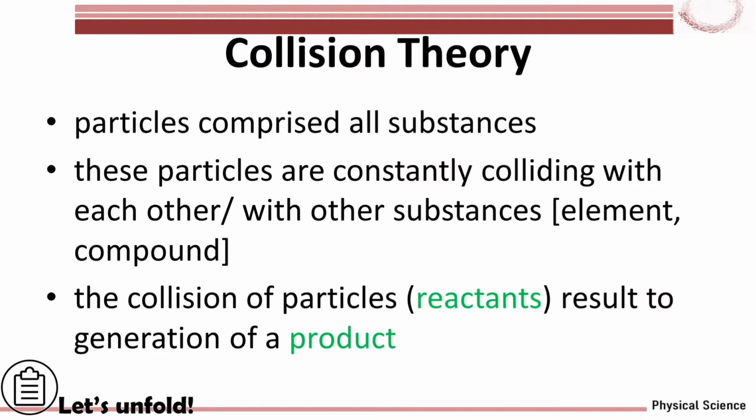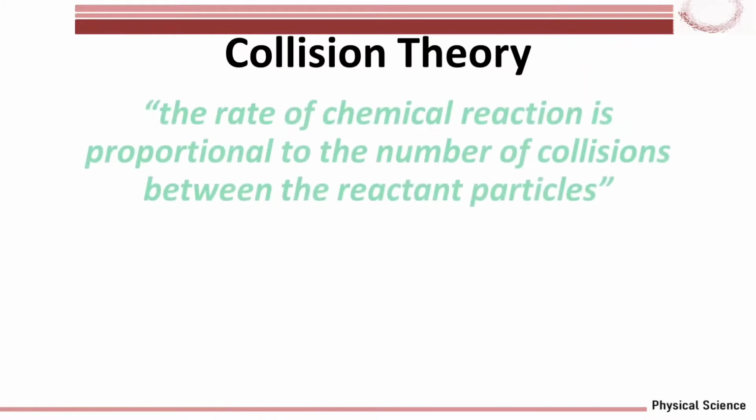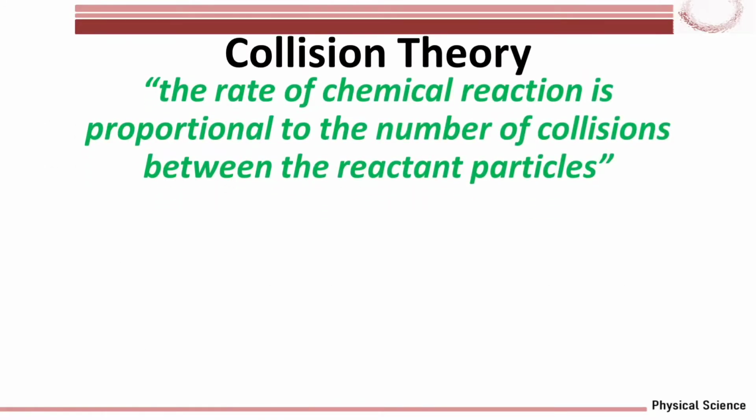So, yung reactant, when they collide and successfully may mga condition at na-satisfy nila yung mga condition na yun, they will form product or a product. So, in short, collision theory states that the rate of chemical reaction is proportional to the number of collisions between the reactant particles.